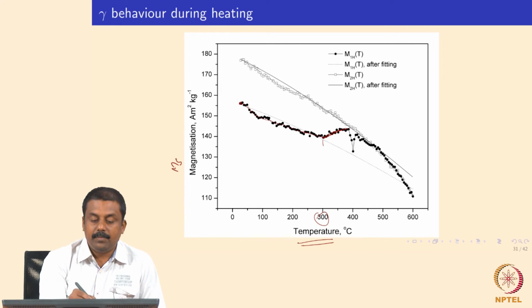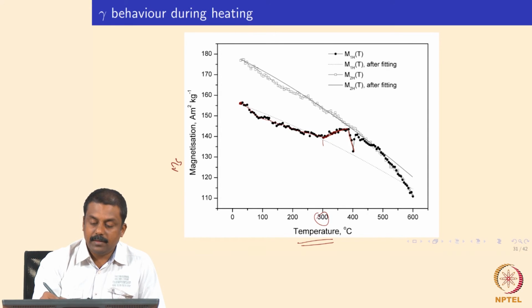Now we can see from the measurements of magnetic saturation over temperature an increasing saturation upon reaching the critical temperature, and that can happen only when the microstructure is becoming more ferromagnetic. And you also see the change in slopes.